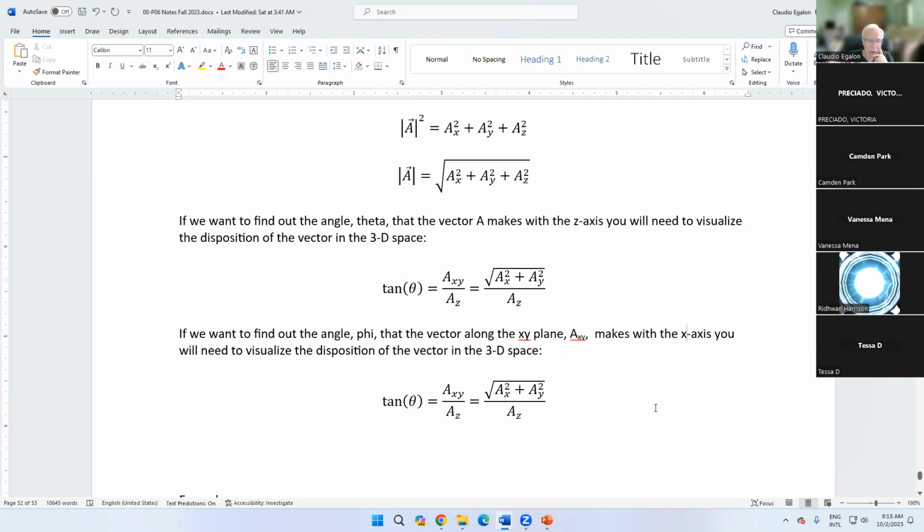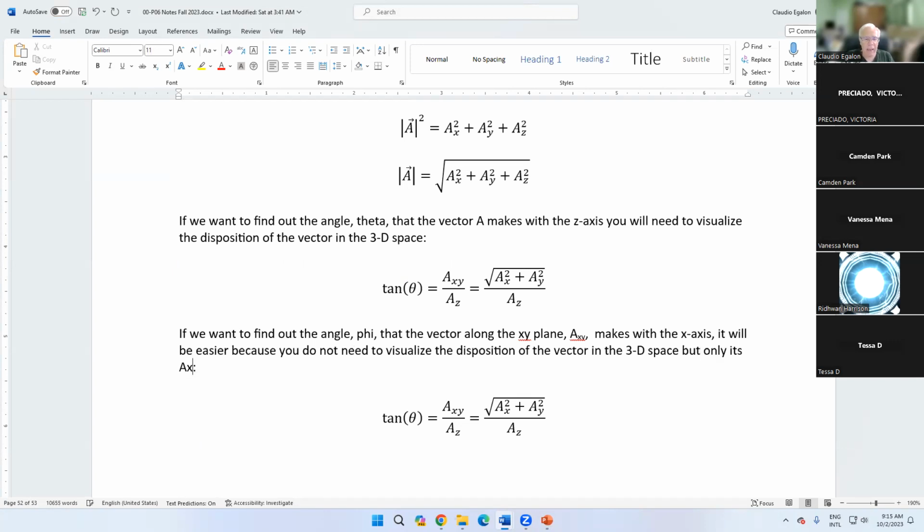It will be easier because you do not need to visualize the disposition of the vector in the 3D space, but only its AXY component.